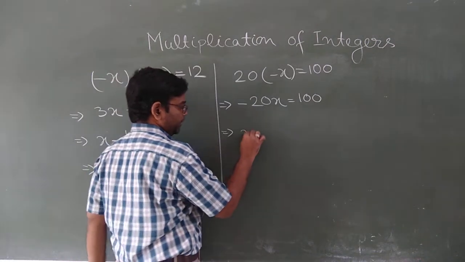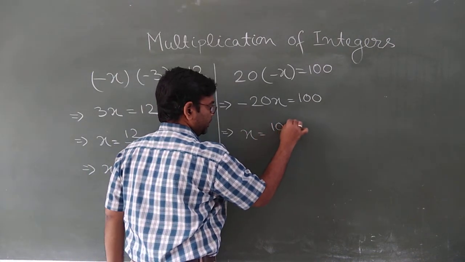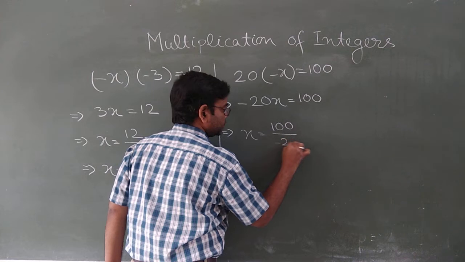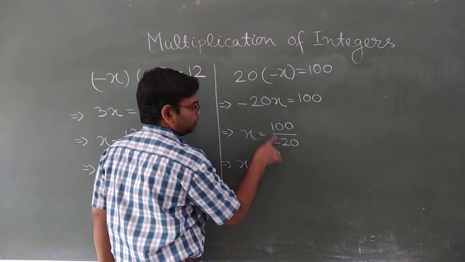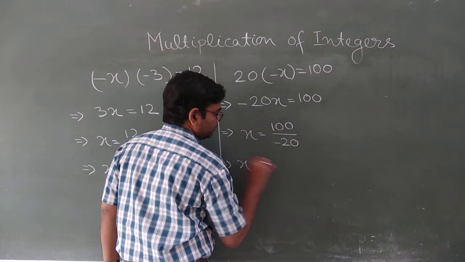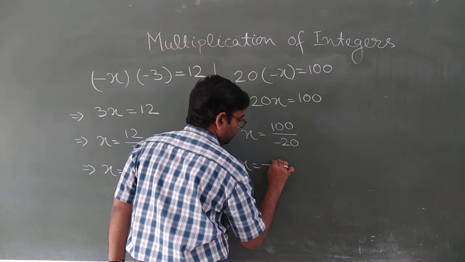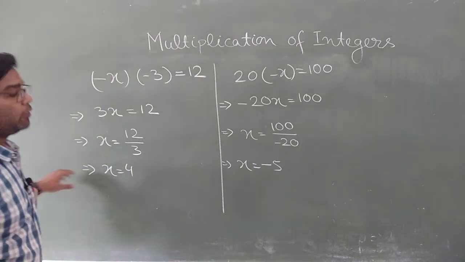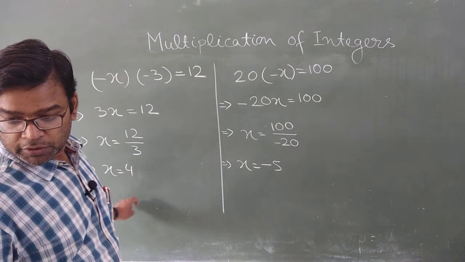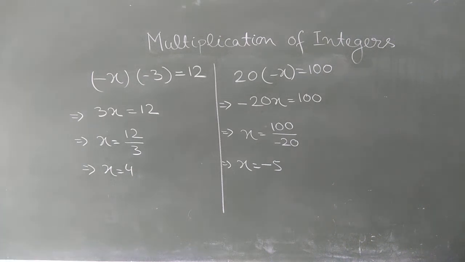What do we have? x equals 100 divided by minus 20. Positive negative, negative, 5 20s are 100. x equals minus 5. So likewise solve all the questions given of the same type. Now only 2 word problems I will discuss and complete today's video.